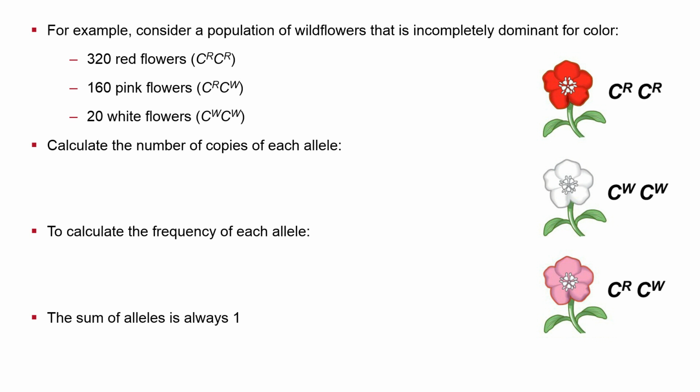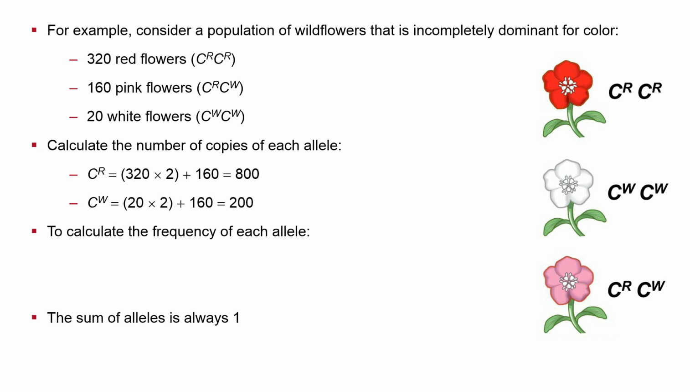How about we go about calculating the number of copies of each of the alleles? What about the red allele? Let's find that first. Individuals that have 2 copies of the red allele, you have 320 red flowers, so 320 times 2, plus individuals that are heterozygotes have 1 copy of the red, 1 copy of the white, so plus 160 gives you 800.